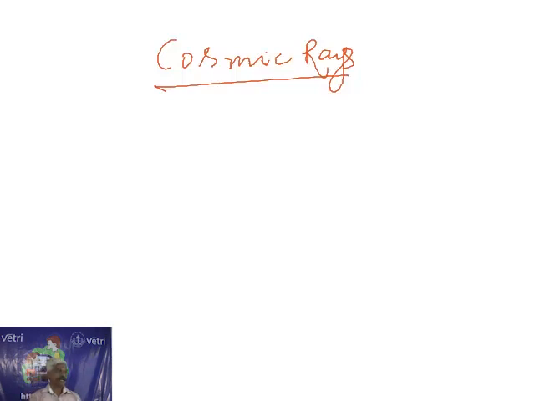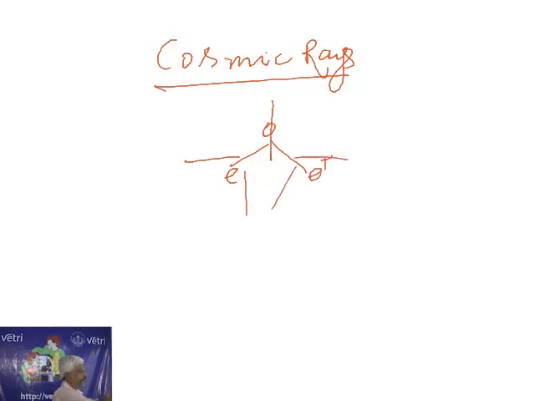In a cosmic ray shower, the cosmic ray photon divides into an electron-positron pair. That is called pair production. Or sometimes the electron and positron combine to form a cosmic ray photon, that is called annihilation. Again it divides into two, so it is called a cosmic ray shower.